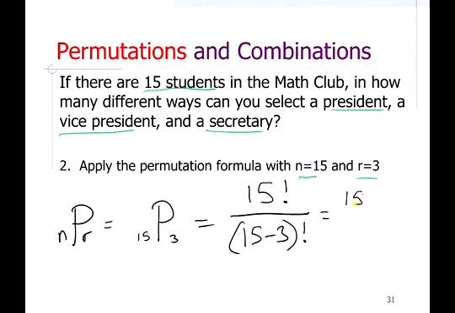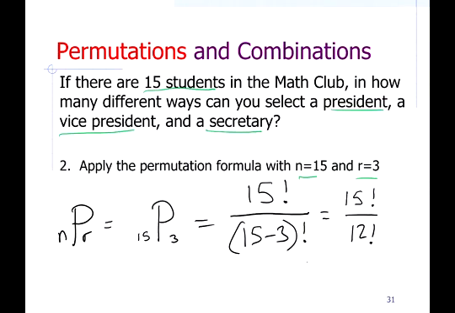So that's 15 factorial over 12 factorial. Now, what is 15 factorial over 12 factorial? Well, the factorial notation means on top, the numerator, that's the numbers 1 through 15, all multiplied together. On the bottom, in the denominator, we have 12 factorial. So that's the numbers 1 through 12 multiplied together.